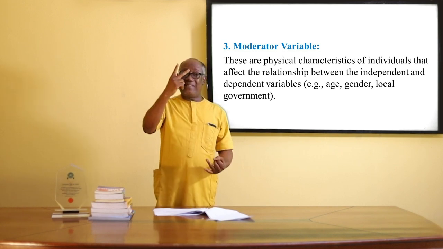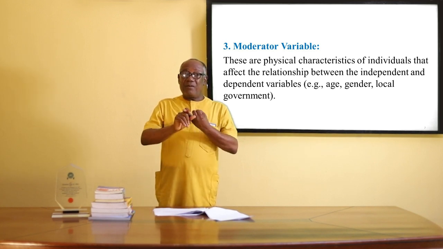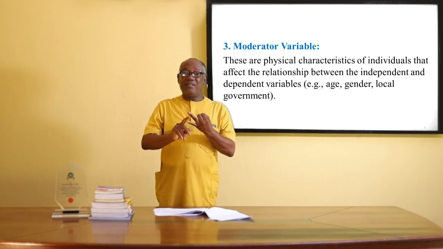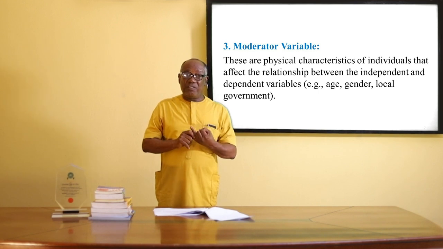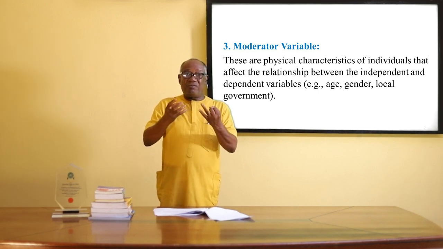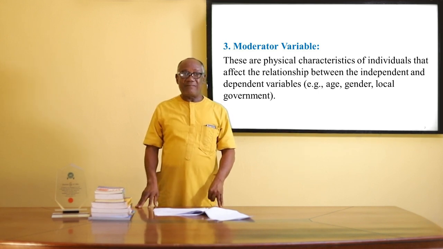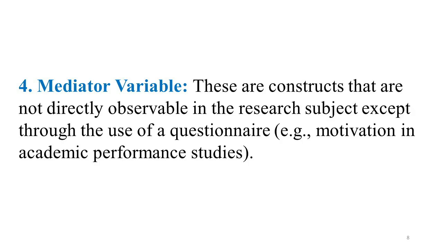Remember that you can see them physically. Other examples of moderator variable is local government of origin, whether it is urban or rural. All this you can easily find out from the students. Now, the other one is the mediator variable.